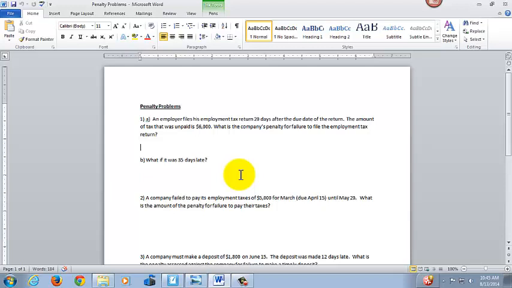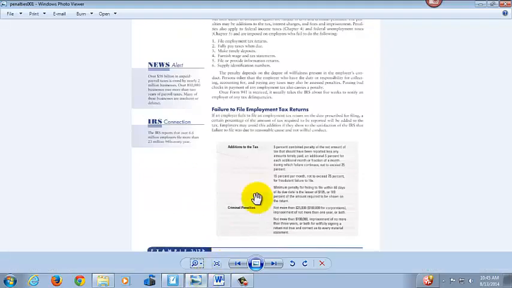So if it's just 20 days late, if we look back, they get a 5% penalty of the net amount of tax that should have been reported, less any amounts timely paid, and then an additional 5% for each additional month or fraction of a month during which failure continues, not to exceed 25%.